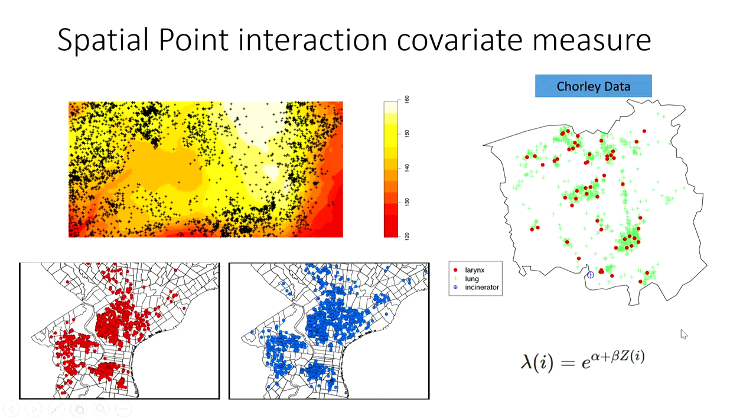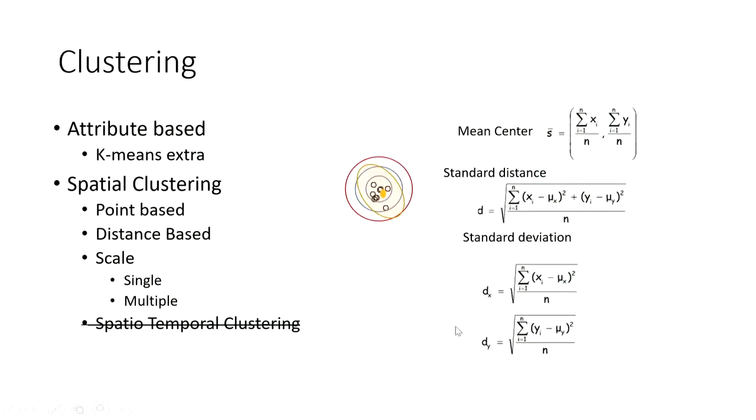Generally that is represented as a Poisson process. It's basically an event which may occur randomly in space, plus there is some weightage of the covariate values, and that's how the density function is used to take care of the spatial point pattern interaction where the covariate plays an important role.